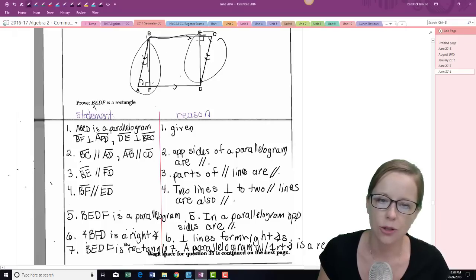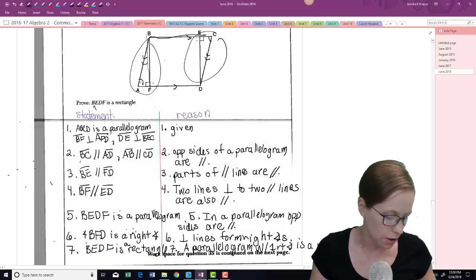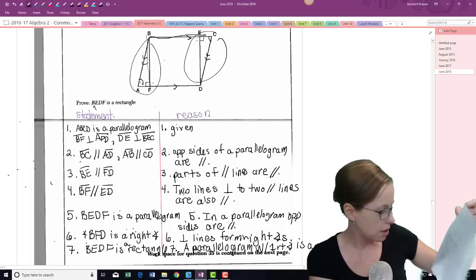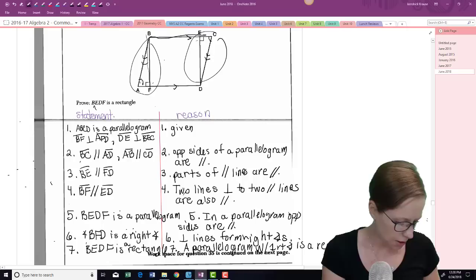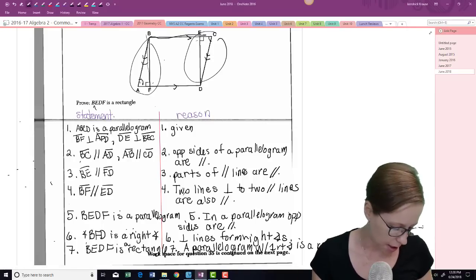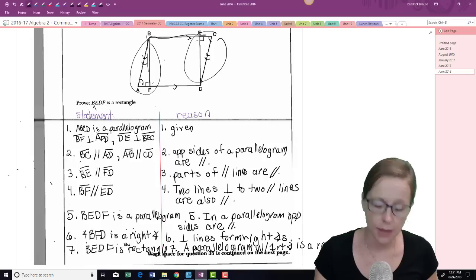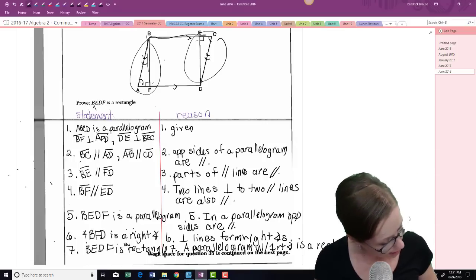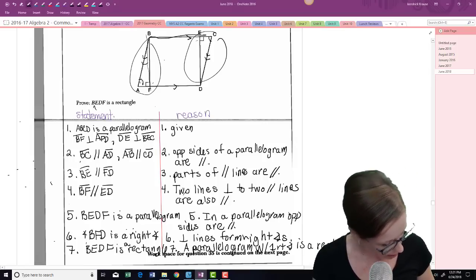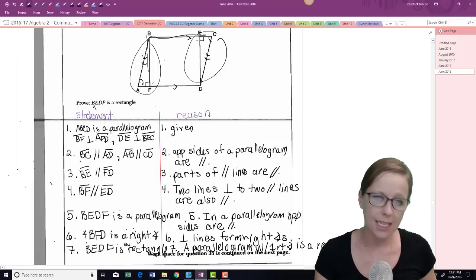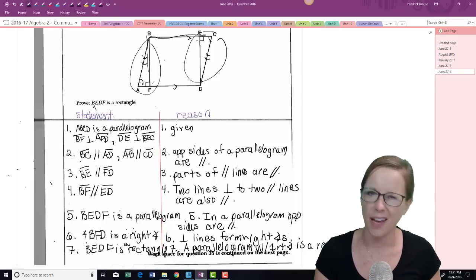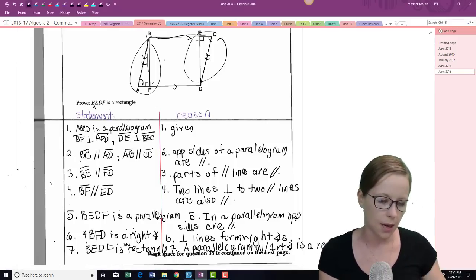Using that, you can then turn this into a rectangle kind of in the same fashion, using corresponding parts of a congruent triangle are congruent. So angle, angle, side, corresponding parts. 4 sides, 4 angles. You could say 4 right angles, so that's obviously a rectangle. What else did people do here? There's all kinds of ways to get there. That's probably the fastest way to get there, is those 7 steps.